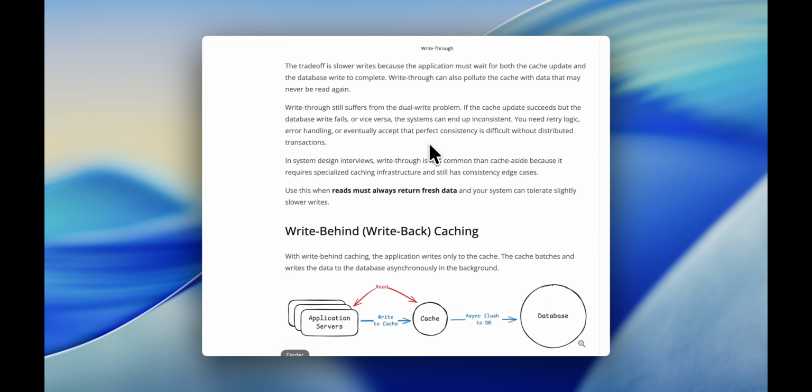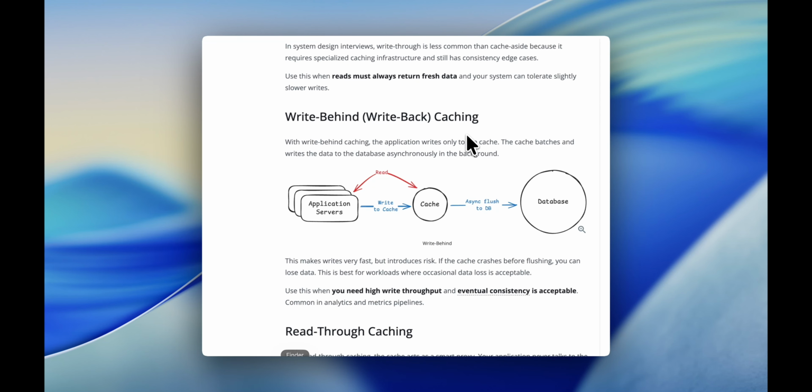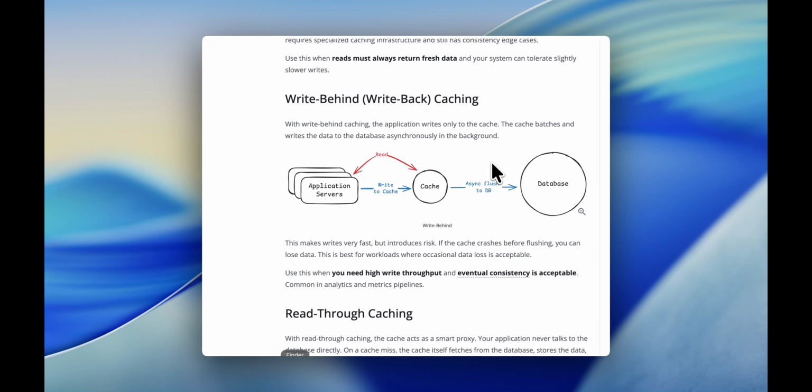Okay. Another one is write behind caching. In write behind caching, the application writes only to the cache. The cache batches and writes the data to the database asynchronously in the background.